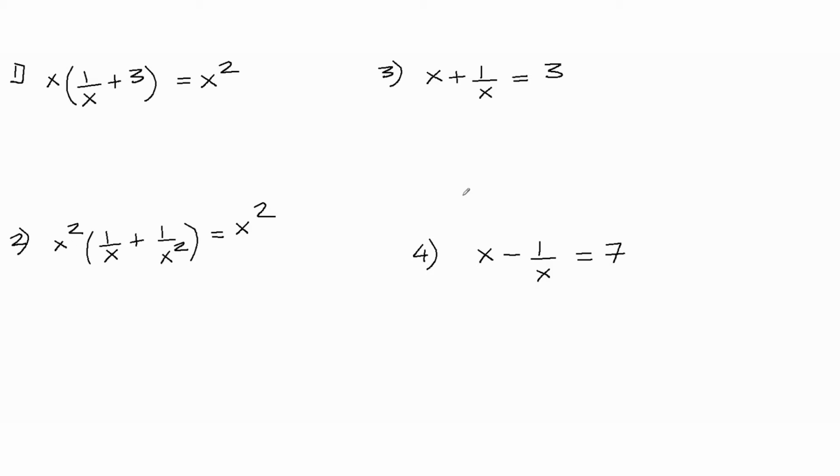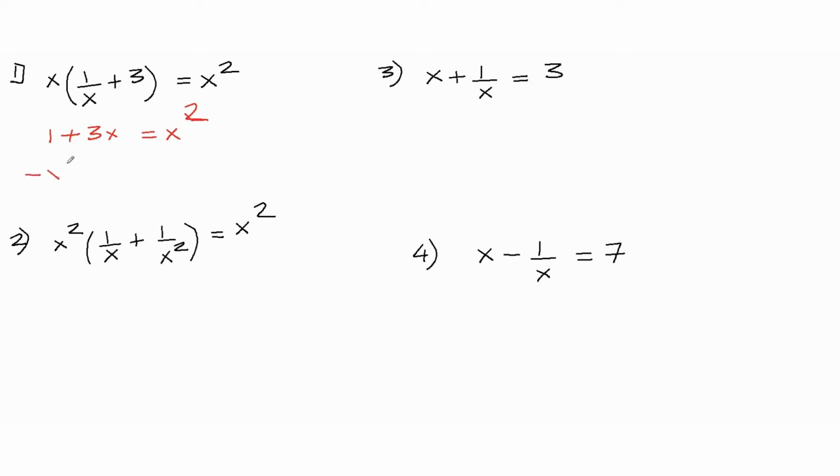So again, let us open up the brackets in the first problem. x into 1 by x is 1, right? So x and x cancels, and x into 3 is 3x. So this is plus 3x equals x square. And now I can arrange all the terms on one side. So let me shift the x square to the left hand side.